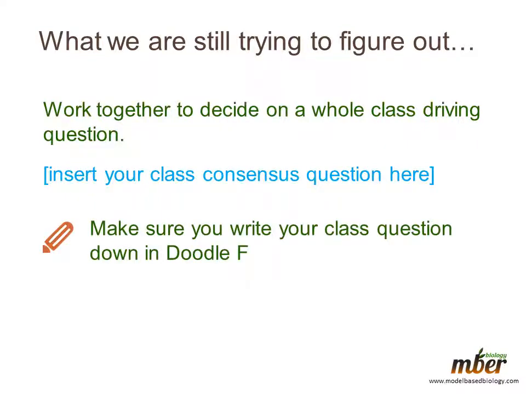And you're going to revise what you already have in F to do that. So what is your class consensus question? And you're going to write that down in F. Go ahead and pause me now, and everyone can write down their question in F.